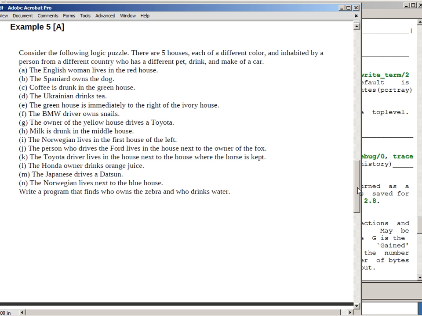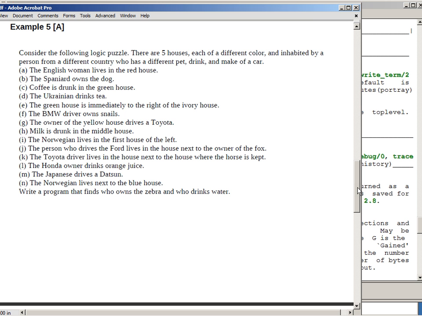So if I have 5 properties, nationality, we have 5 houses, right? Which have an owner, the owner has a pet, the house has a color, there's a drink, the owner drinks a certain drink, and there's a car that is driven by the owner, right? So we can think of the houses as having numbers 1 to 5, and we're curious, right, for each house, who lives there, what pet that person has, what color the house is.